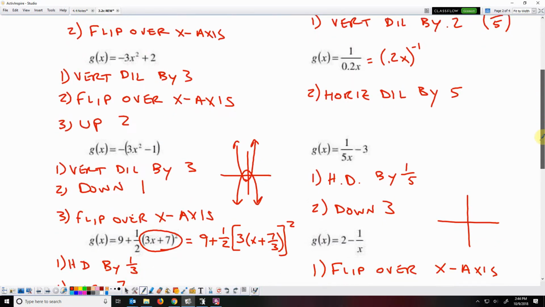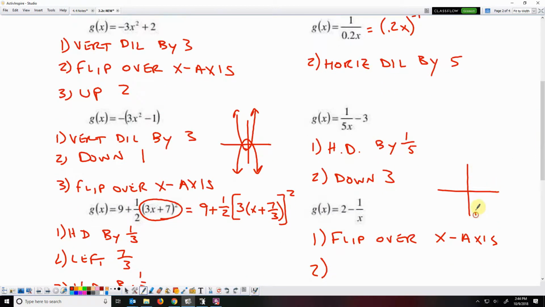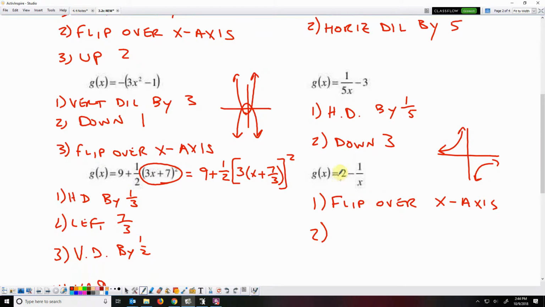When it flips over the x-axis, what was up here moves down here. What was down here moves up here. Okay, then it's got a positive 2 here, which means it's going to shift up 2. So it's going to look like this. Okay, so these won't be there anymore.